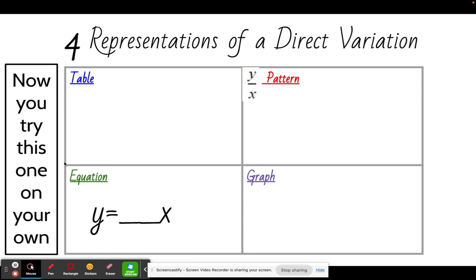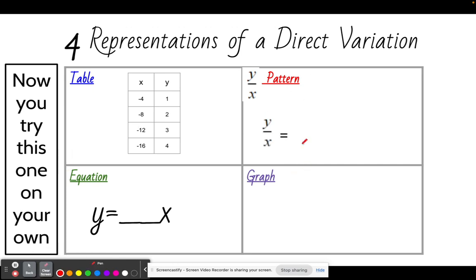Now let's try this one. Do it on your own, stop the video, then come back and see if you got the same thing. So you can see my pattern for this one is 1 over negative 4, 2 over negative 8, 3 over negative 12.